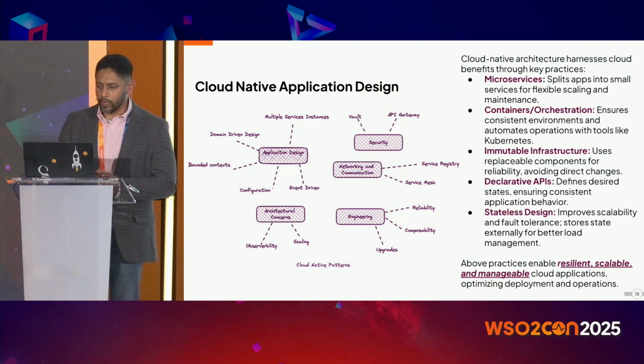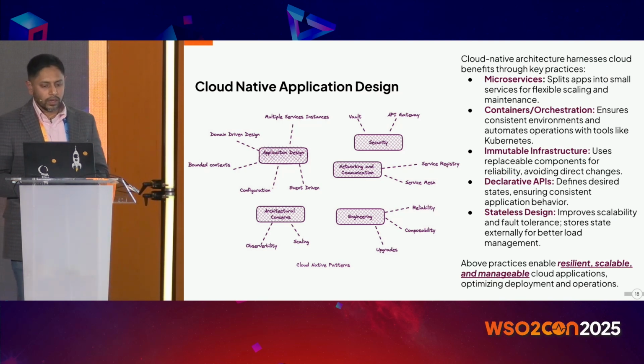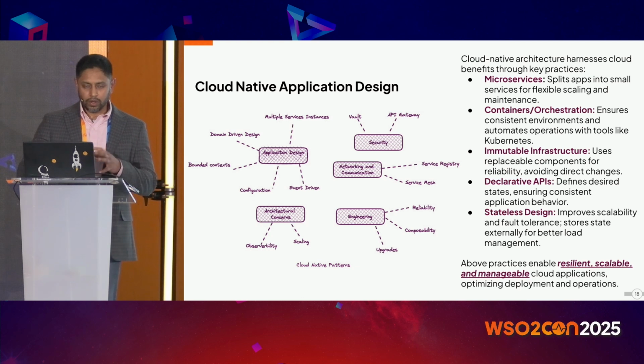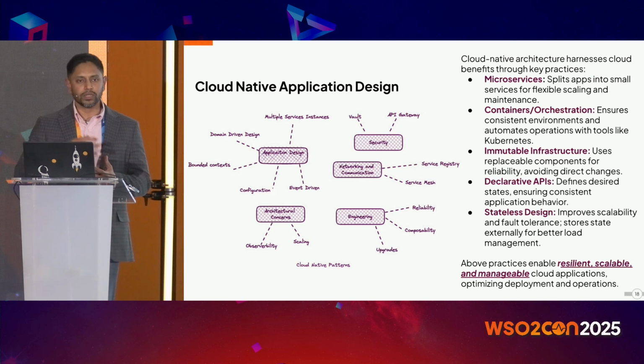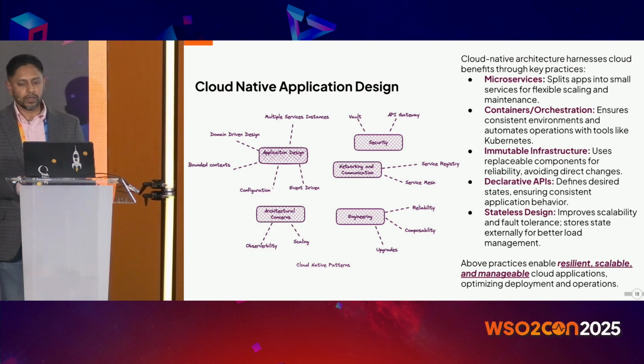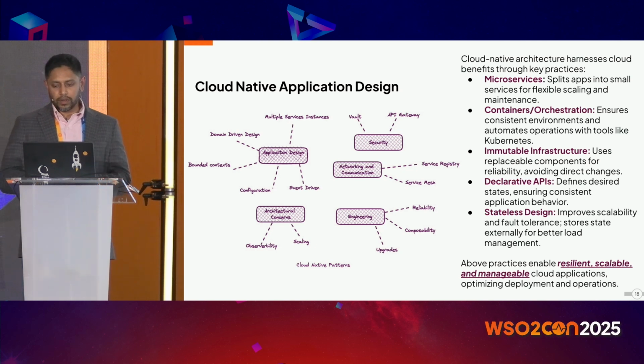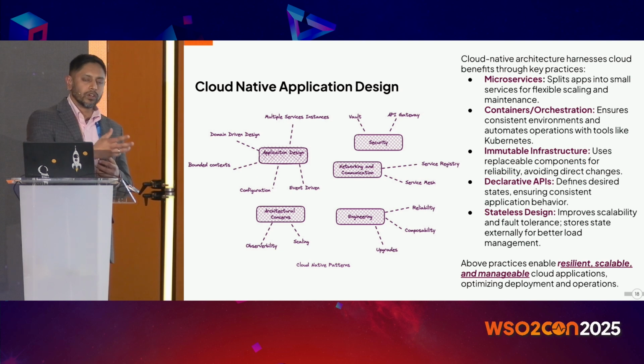And when you are putting a cloud native application together, we see it's based on microservices, with containers and maybe orchestration involved to orchestrate the flow, the scaling, etc. On the deployment front, we see immutable infrastructure, so when you are deploying changes, you have to build another container.